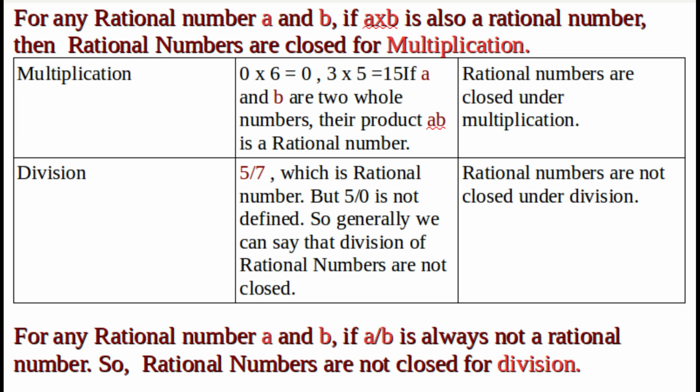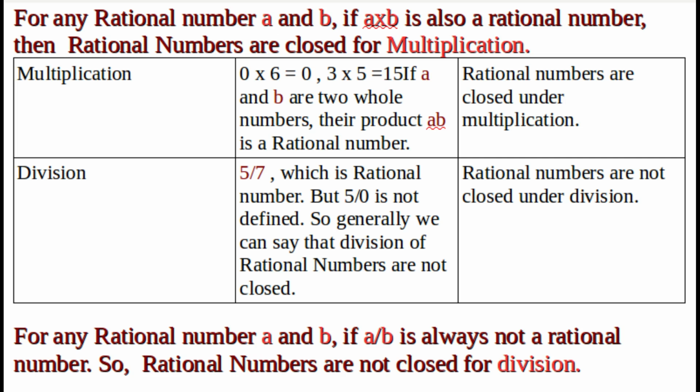But in the case of division, there is one important note. We can divide any rational number by a rational number except 0. We know a number divided by 0 is not defined. So, generally we can say that division of rational numbers is not closed.